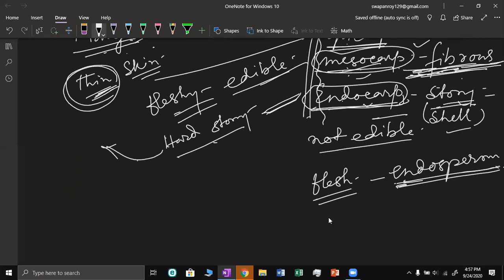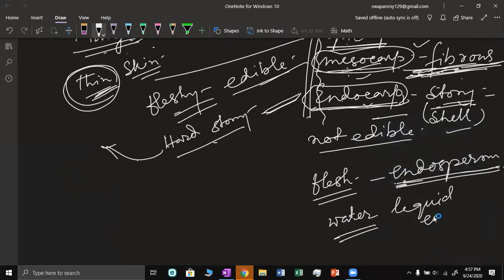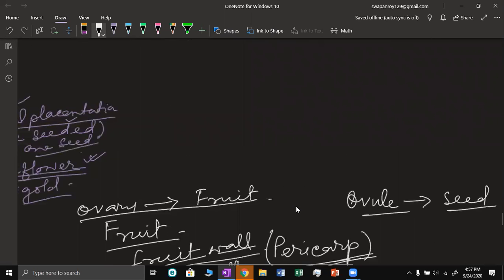And also we drink that water in the coconut, which is also liquid endosperm. So endosperm in case of coconut is edible.